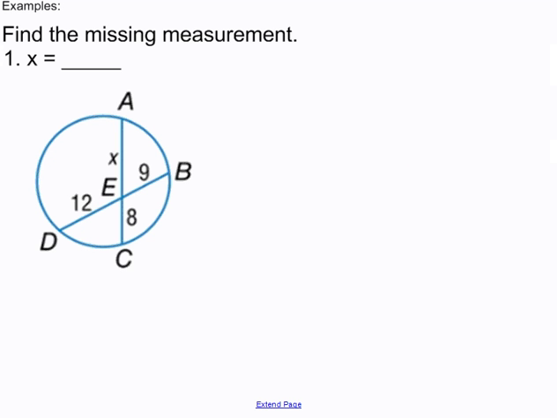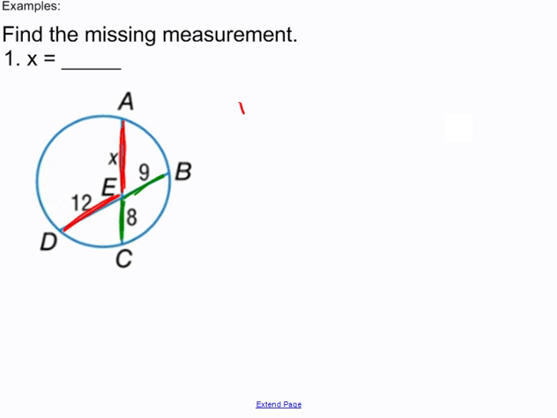So let's apply it. These are the segments that are crossing in the middle, so that means we're looking at this segment times this segment equals this times this. All right, let's put that all together.